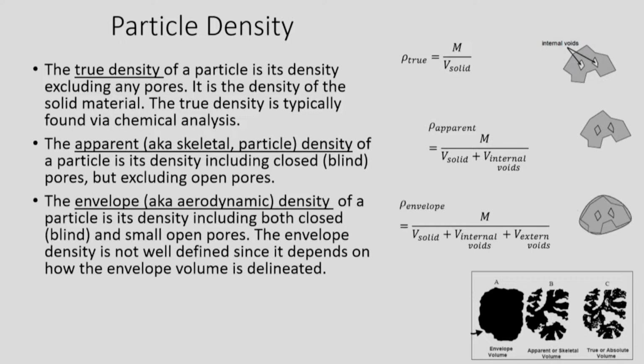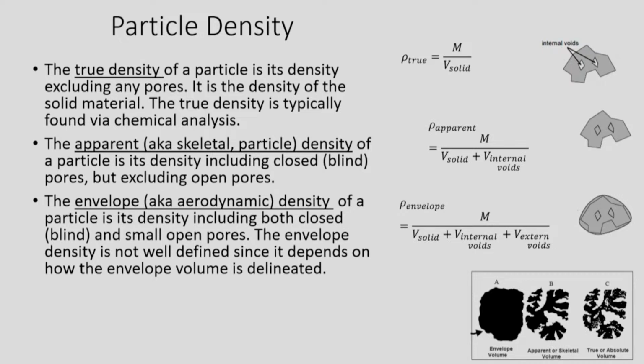Since the volume is low, the true density will always be higher than the apparent density. But another common density that we characterize is the aerodynamic density or the envelope density. For envelope density, you still include the external void space in the volume calculation too. So this value will be still lower than the apparent density.